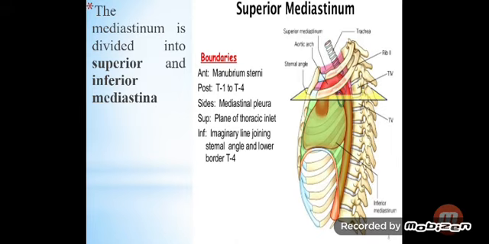The anterior mediastinum extends anteriorly between the pericardium and the sternum. The posterior mediastinum lies posterior to the pericardium. It extends between the pericardium and the vertebral column.